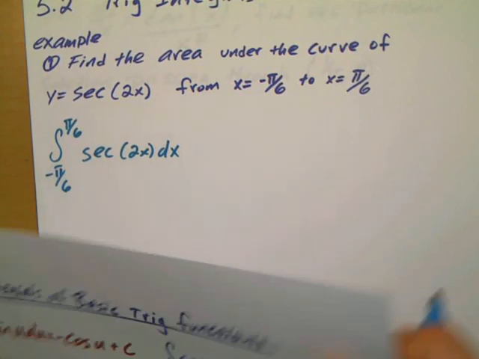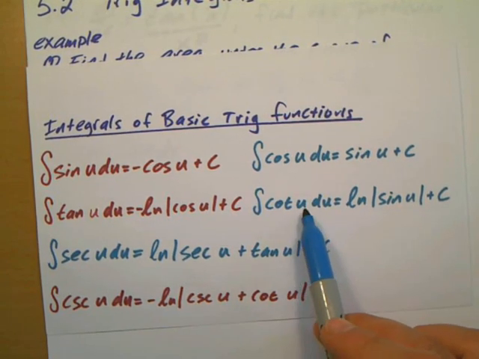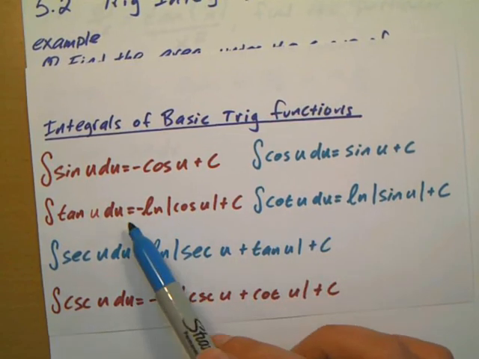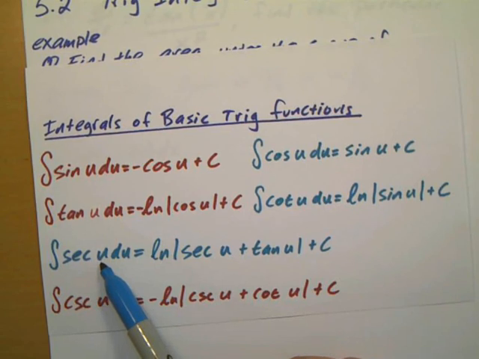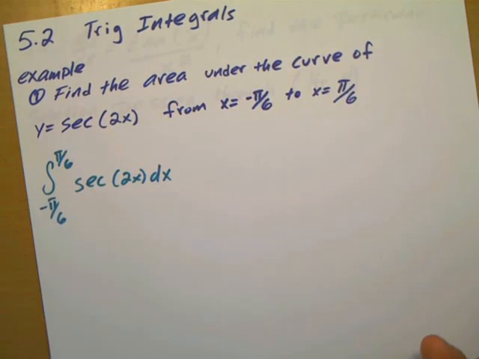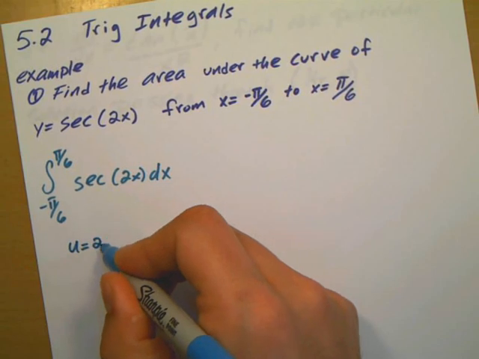Notice all these have the argument, whatever the variable, as u, so they're set up for u-substitution. We're going to let u be the inside of secant. In this case, I'm going to let u equal 2x.